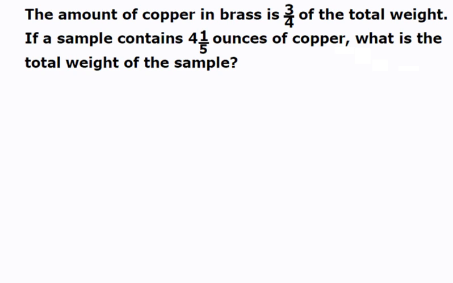Okay. All right. Let's look at this one word problem. I know, it's actually 2 minutes. I'm going to do this fast. The amount of copper and brass is 3/4 of the total weight. If a sample contains 4 1/5 ounces of copper, what is the total weight of the sample? All right?